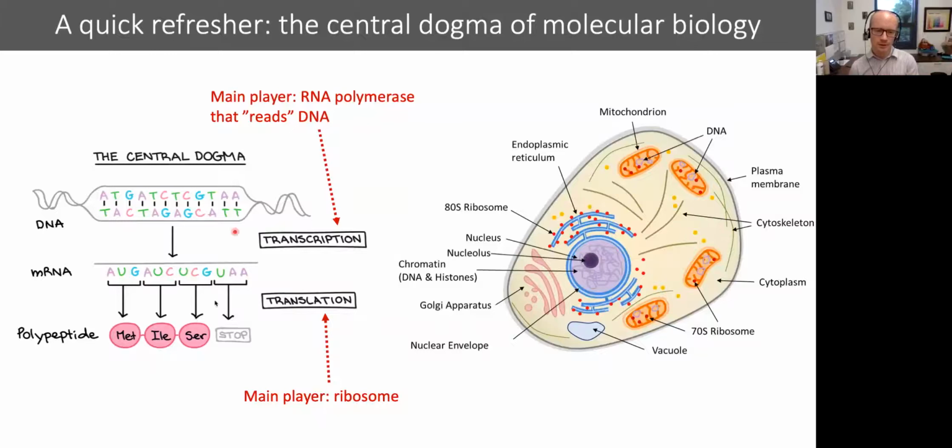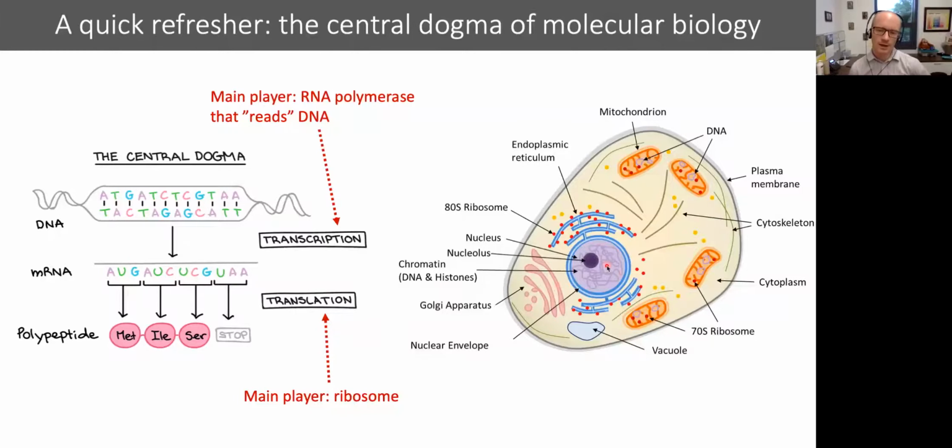To get protein from DNA, the DNA is first transcribed into messenger RNA, and the central player in that process is an enzyme called RNA polymerase. It will read one of the strands of the DNA helix, and it will produce a complementary new strand of RNA. And this occurs inside the nucleus.